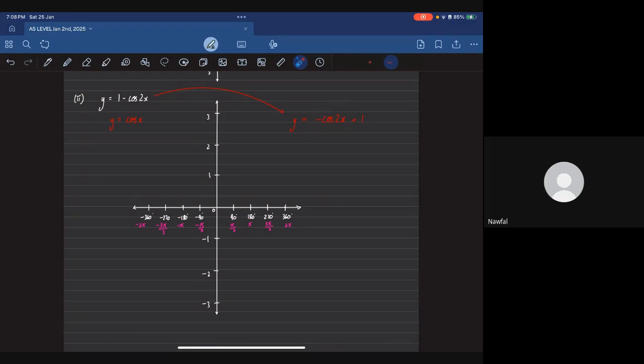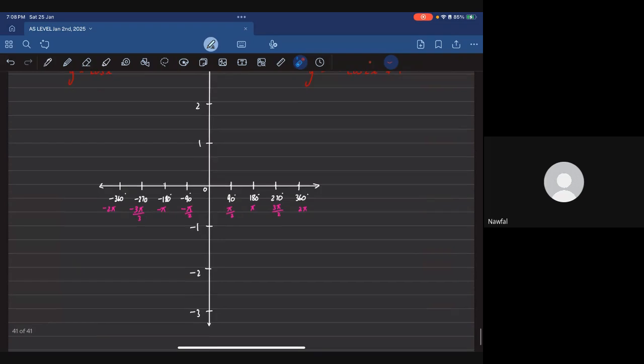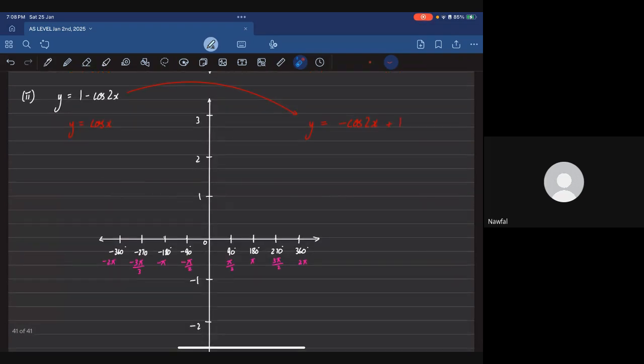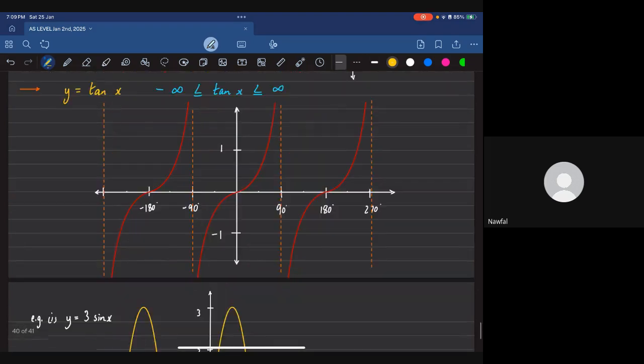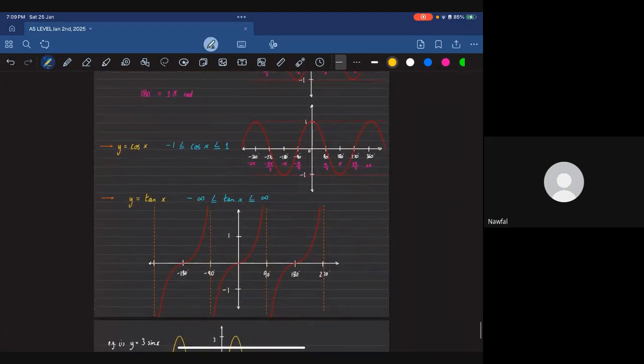now we're going to move forward and see the graph. What should it be equal to? Let's try and draw the original one first. If my graph was just y is equal to cos x, it would have simply looked like the above one.